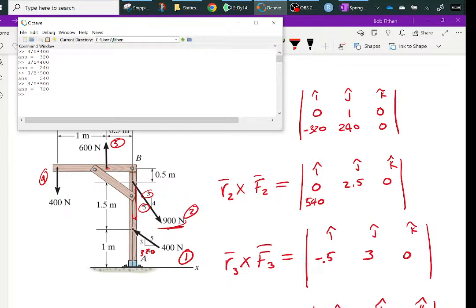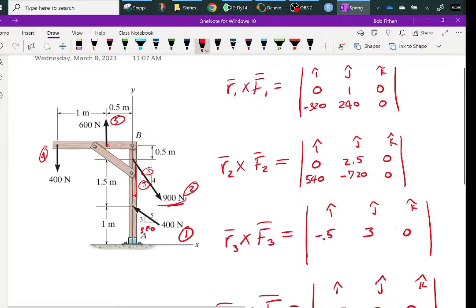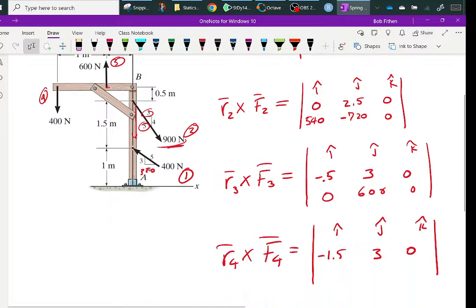And that's minus 720. These two are easy. This one's going straight up 600. This one's going straight down 400.